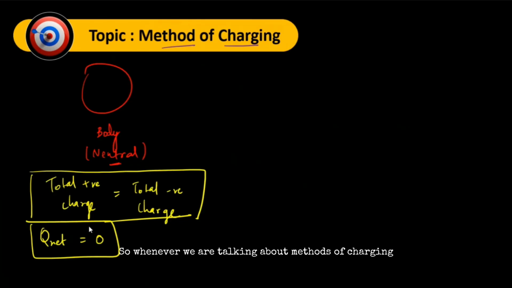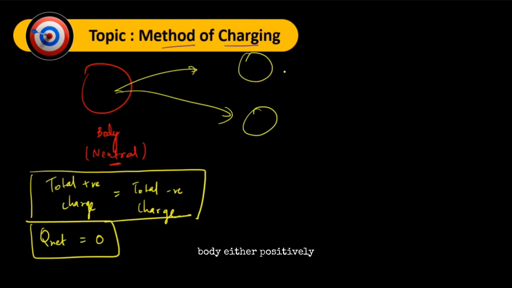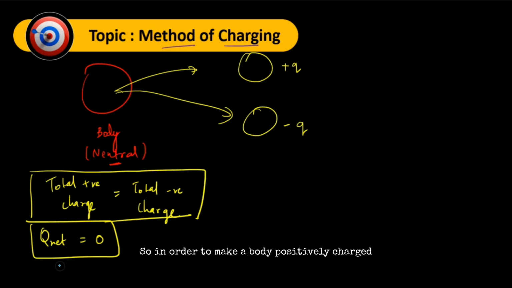Whenever we are talking about methods of charging, we are trying to make a neutral body a charged body, either positively or negatively. In order to make a body positively charged, it must lose electrons, and in order to make it negatively charged, it must gain electrons. That is important.